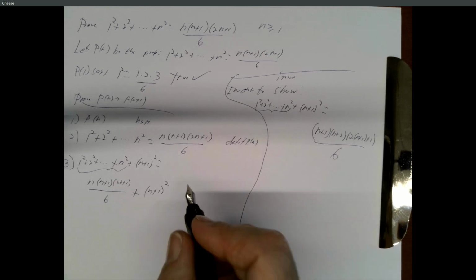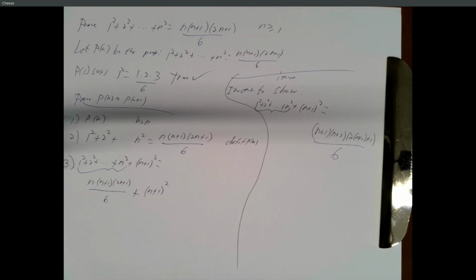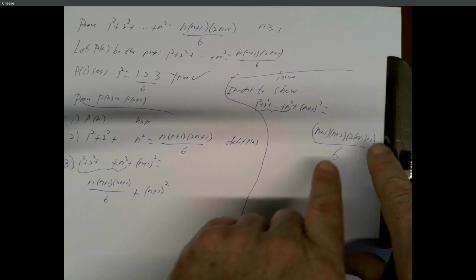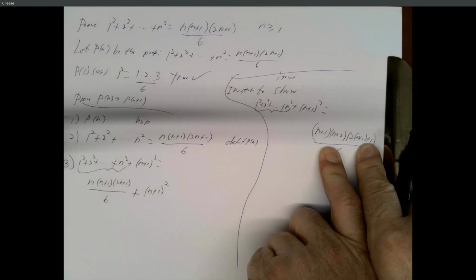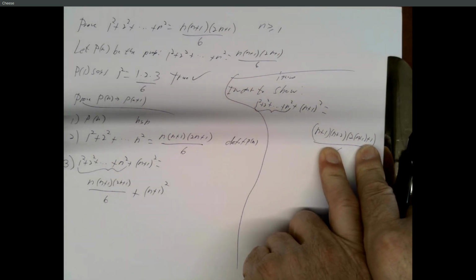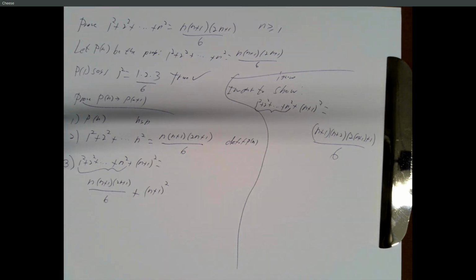Multiply this by 6 so you have a common denominator, add them together, and then turn that into this. Okay? And this is worse algebra than you would typically be asked to do on a test. But let me tell you what you do not want to do. Okay? Here's where this becomes a non-proof.